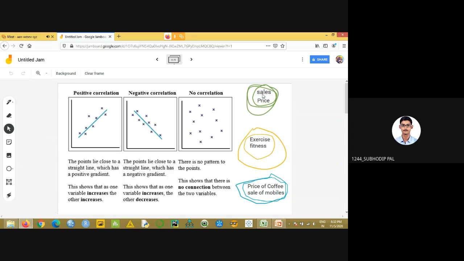Suppose I am talking about sales and price. Sales is my dependent and price is my independent variable. I am adding another variable which is the quality of product. After adding quality of product, my R square value will increase. Got it?